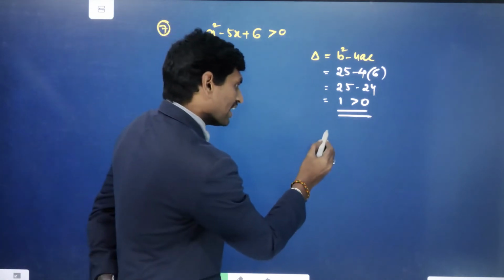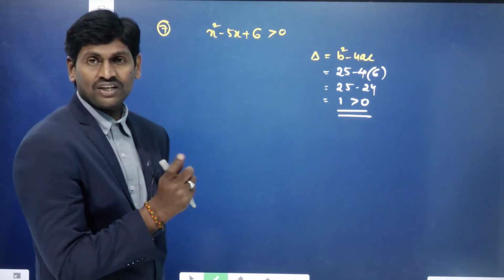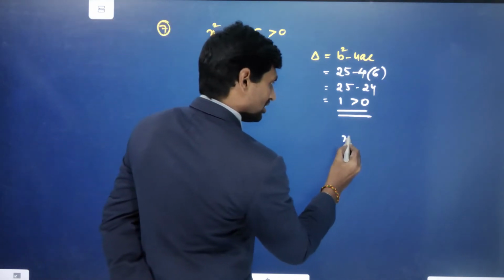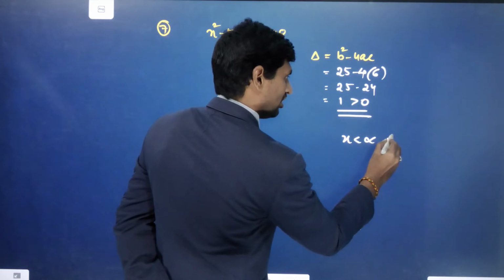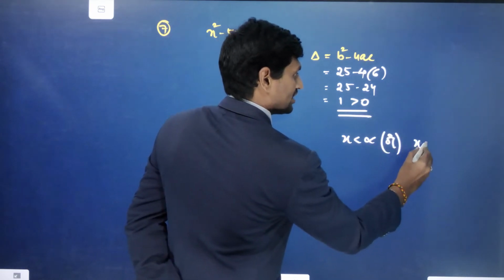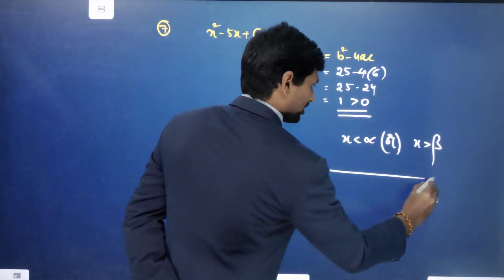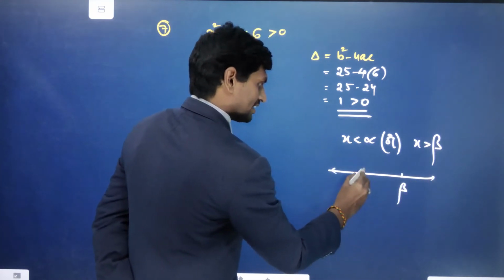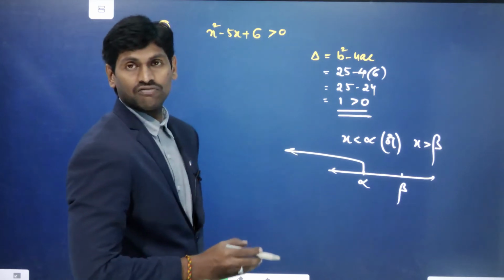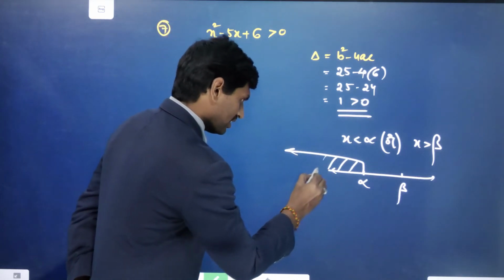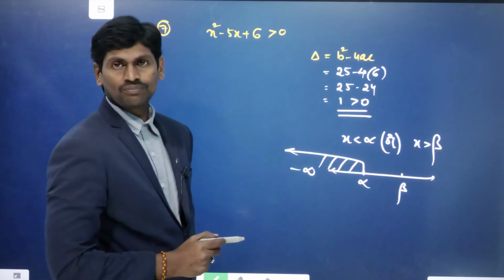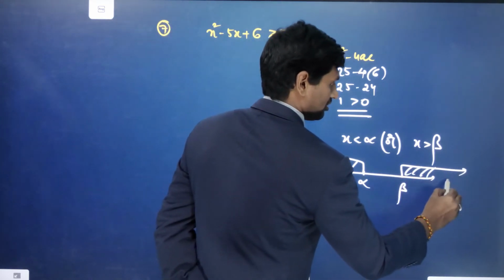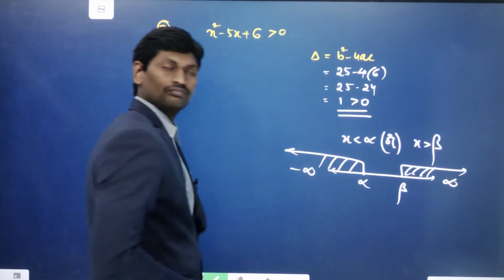So for delta value greater than 0, two cases. One is x lies between the roots, with opposite signs. Here, both having the same sign means x value is less than alpha or x value is greater than beta. That means if you take alpha and beta, x value can be less than alpha, that means up to negative infinity, or greater than beta, up to infinity.